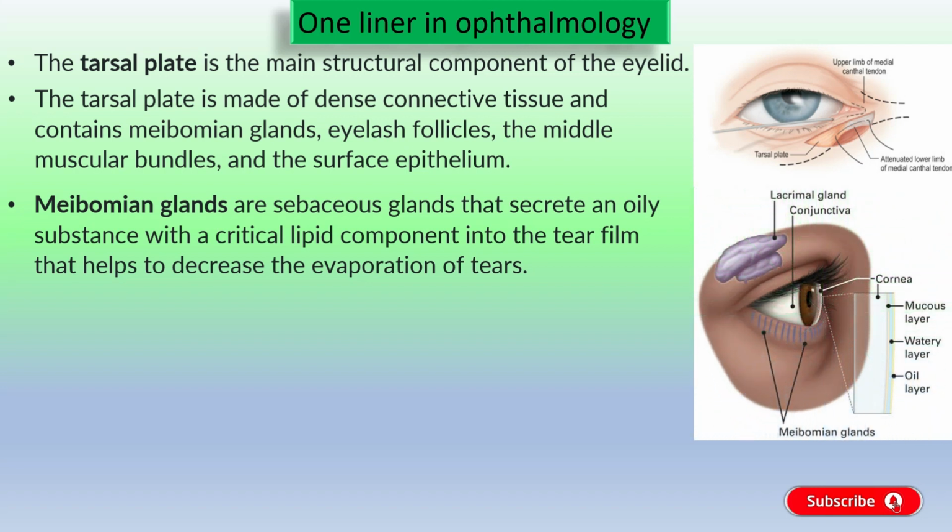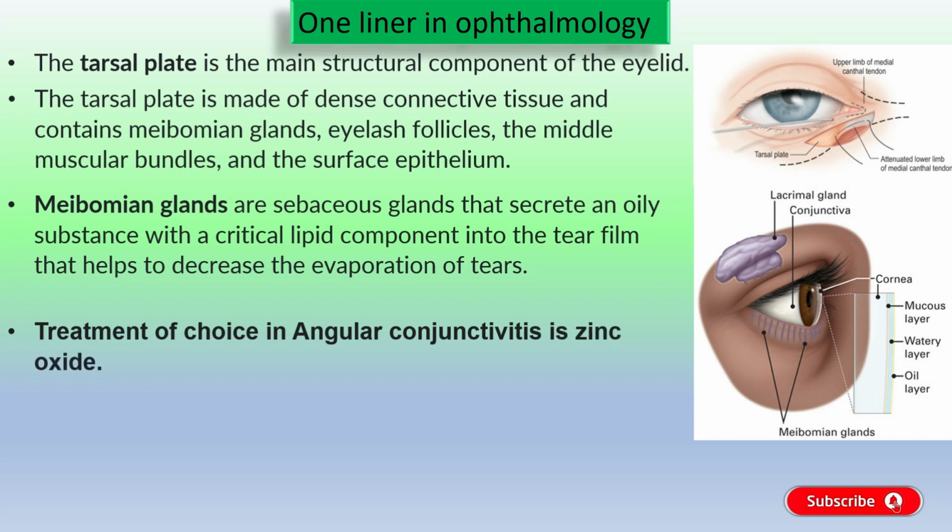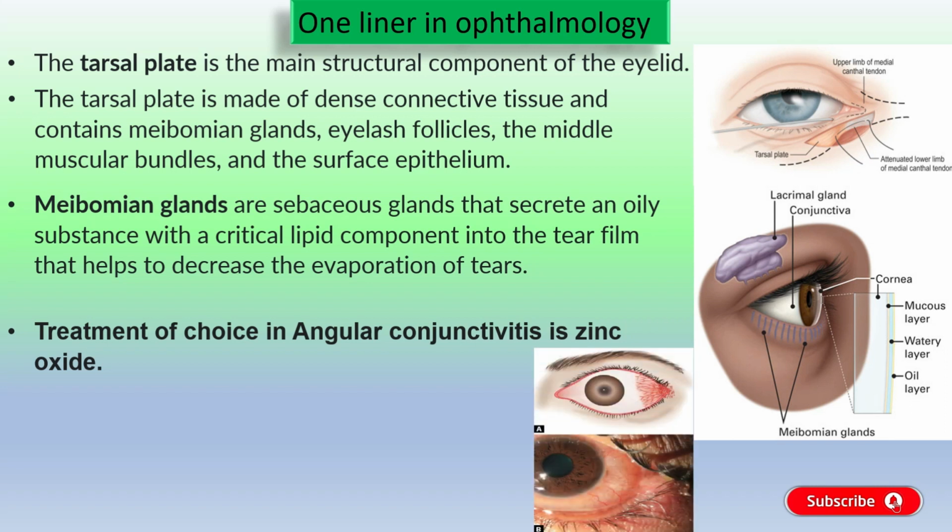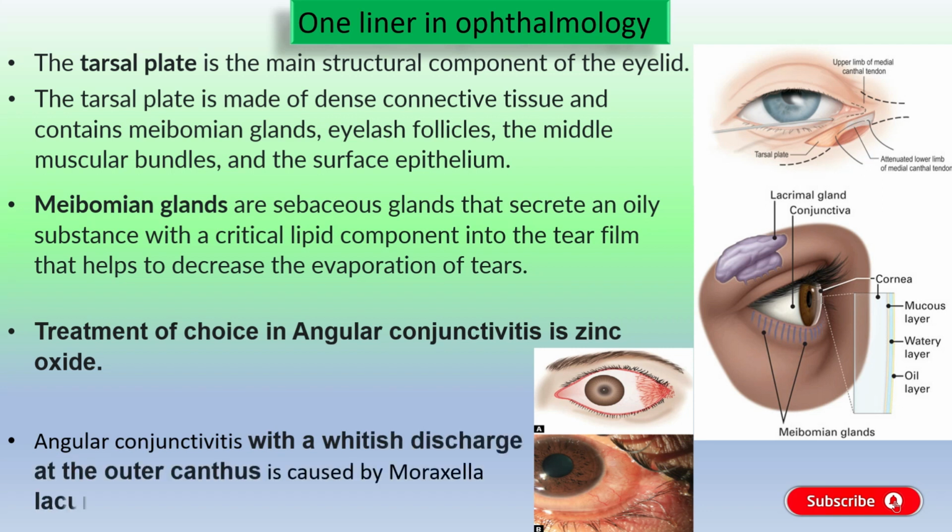Angular conjunctivitis with a whitish discharge at the outer canthus is caused by Moraxella lacunata. Treatment of choice in angular conjunctivitis is zinc oxide. Moraxella lacunata is a rod-shaped gram-negative bacteria.